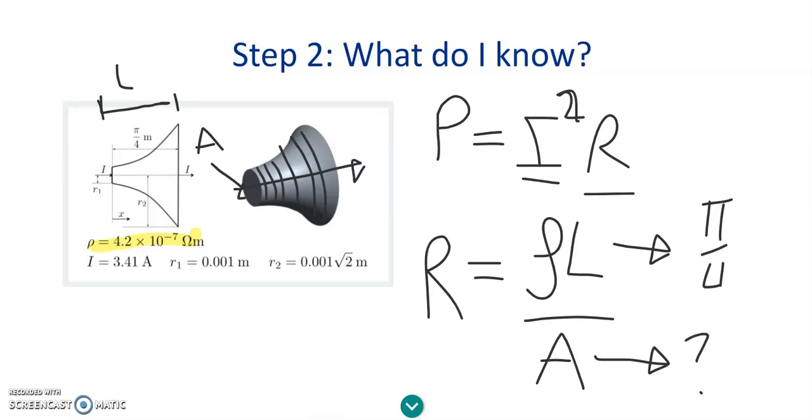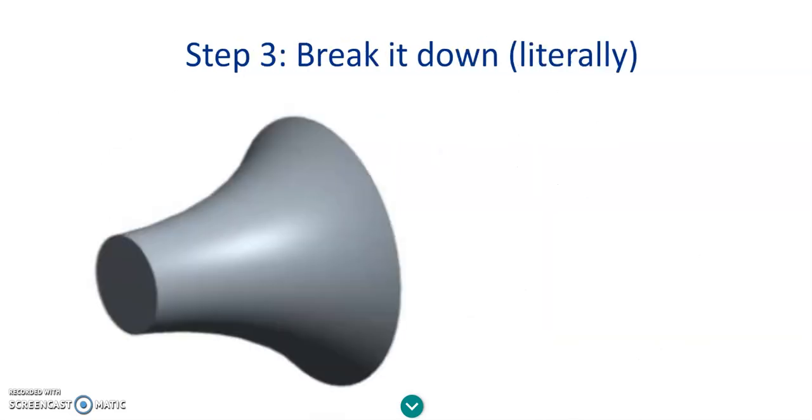That's a very key thing for Oxbridge interviews. If something's constantly changing and you need to look at the cumulative effect of that constant change, you need to think about breaking it down and then summing it back up, or integrating it back up. So we're going to break it down into lots of small circular discs that look a bit like this.